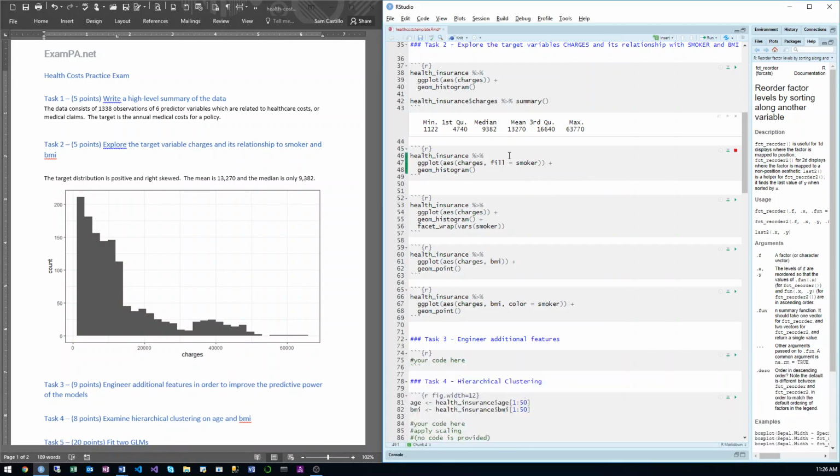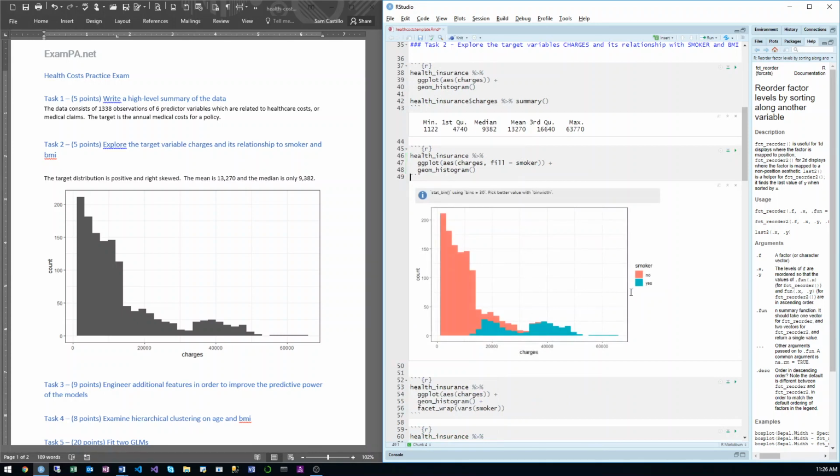Let's look at the distribution now using the fill as the smoker status.